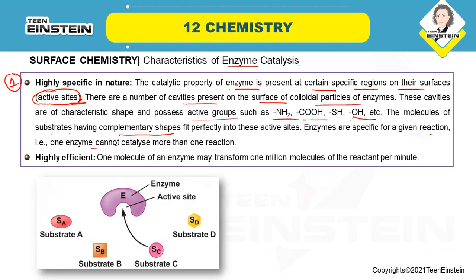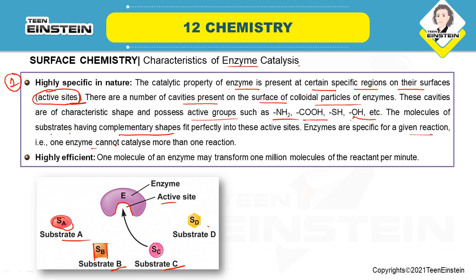If you look at this picture, it will be clear. Here the active site has a shape like this. Now suppose there are different types of substrate, A, B, C and D. See, A is oval, B is square. Though these are very simplistic structures, in actuality it is obviously not so simple, but just try to understand the concept.